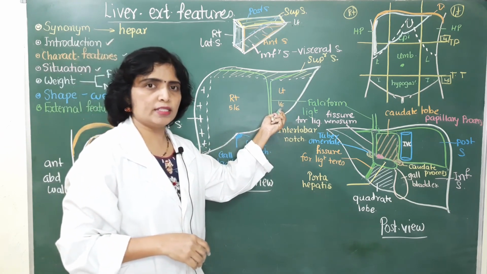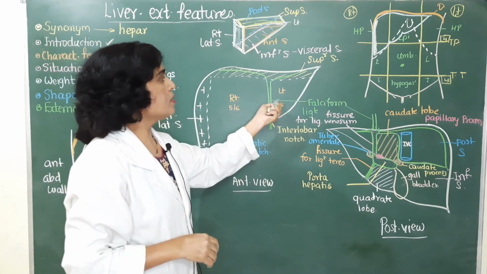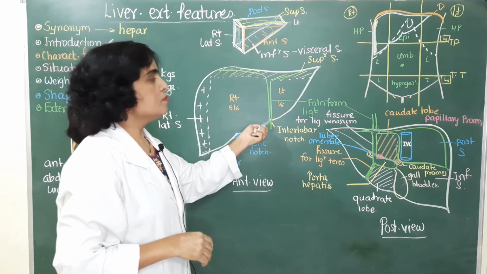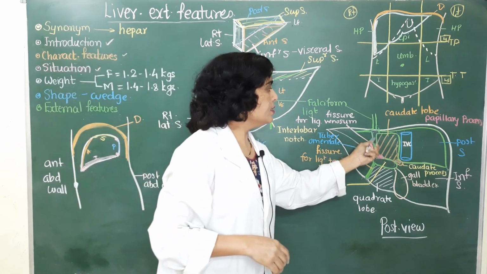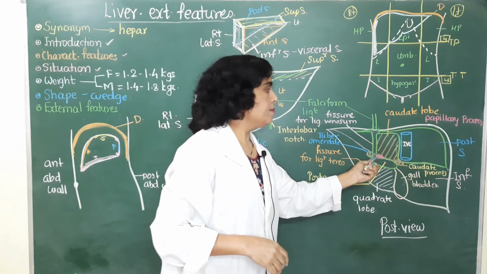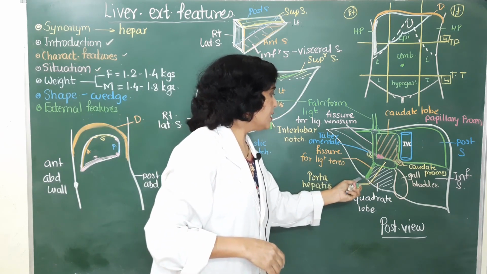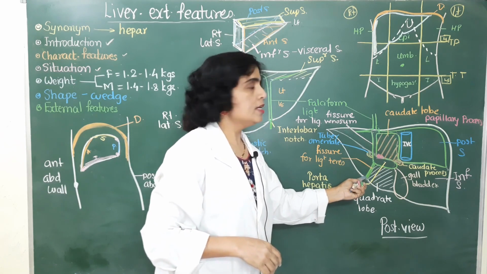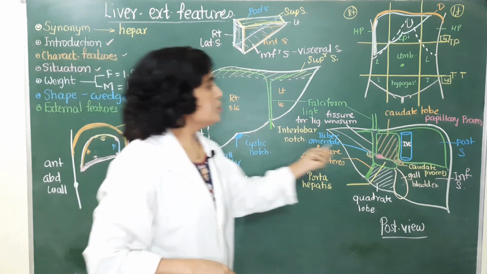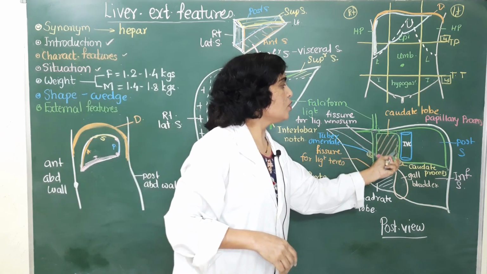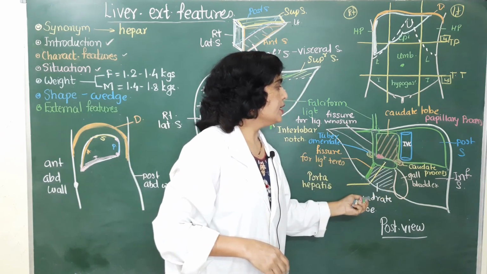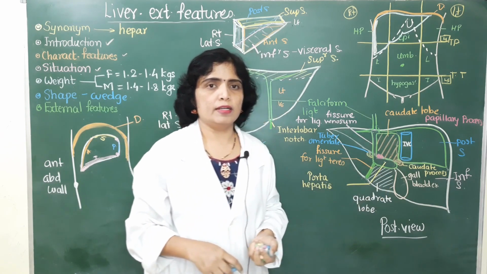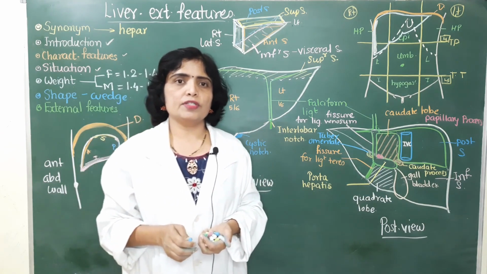It forms 1/6 of the liver, and they are separated from each other on the anterior superior surface by the attachment of falciform ligament, posteriorly by the fissure for ligamentum venosum, inferiorly by the fissure for ligamentum teres. The right lobe in addition shows the caudate lobe present on the posterior surface and quadrate lobe present on the inferior surface of the liver. That is about the external features of the liver.